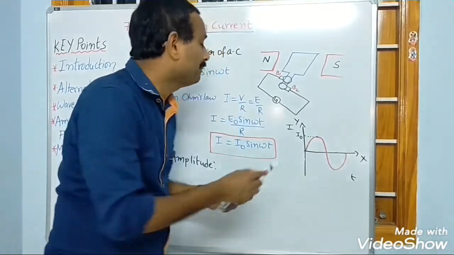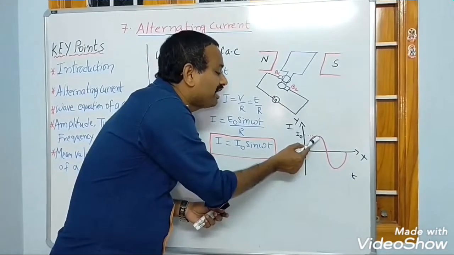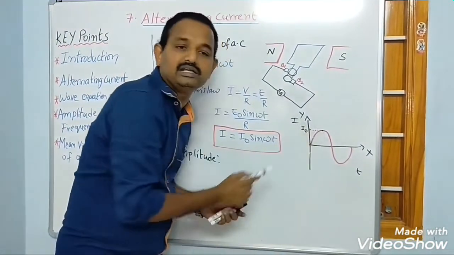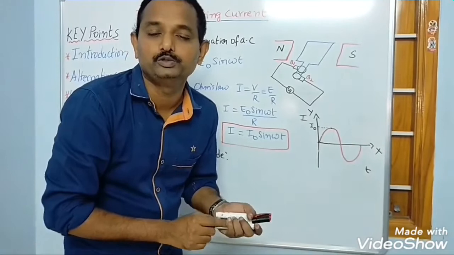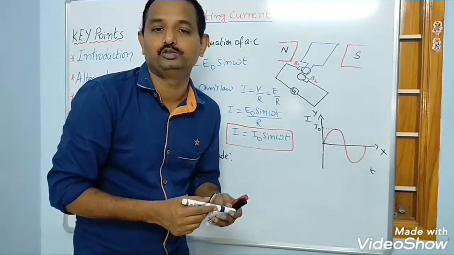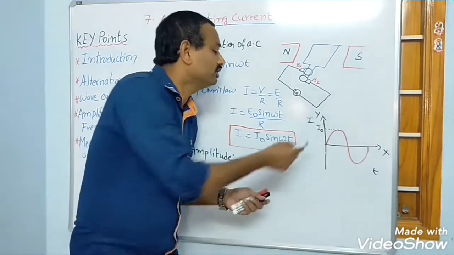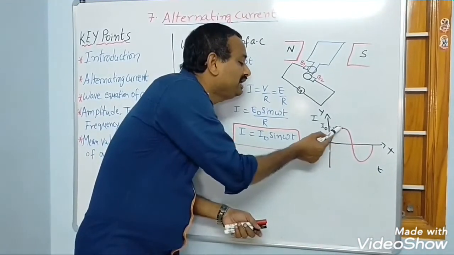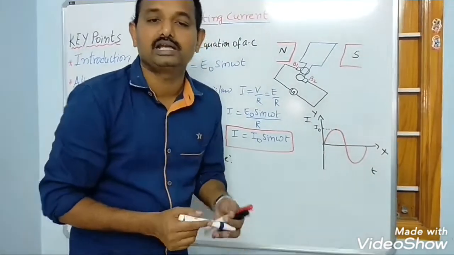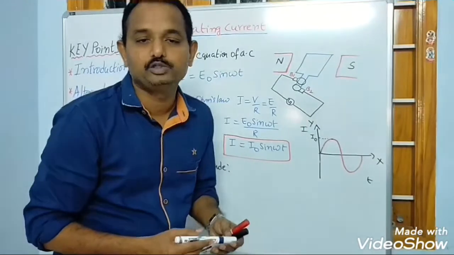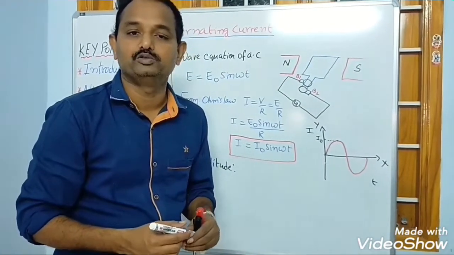Here the maximum value or peak value of alternating current is called amplitude or current amplitude.